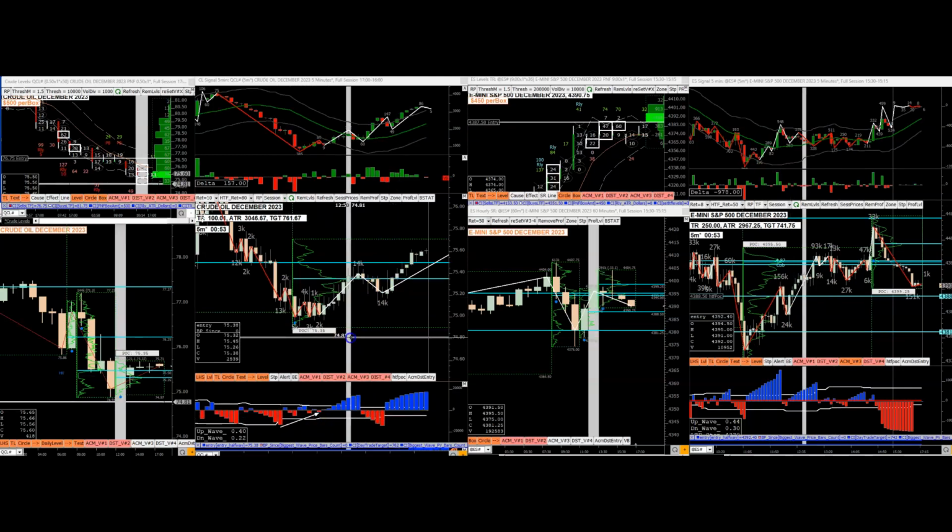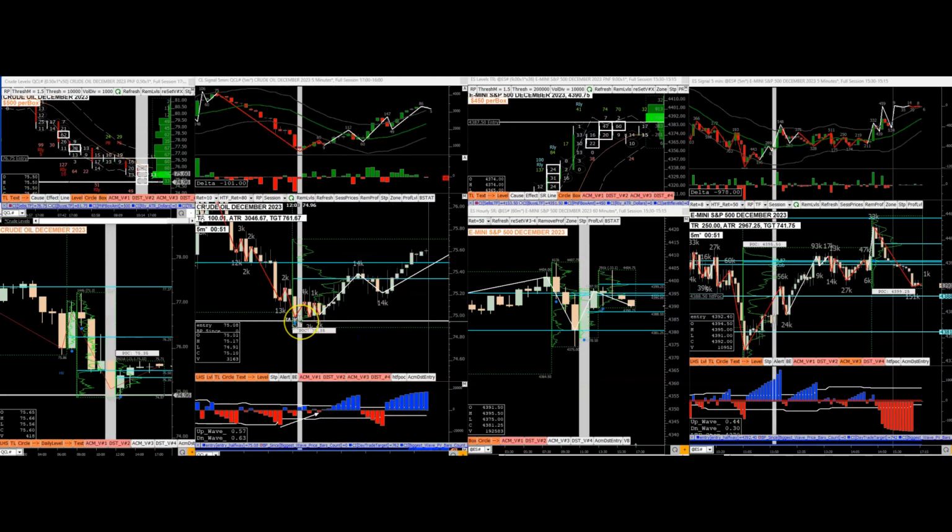Okay, very good. Then you have a base, and remember this: before markup, you have accumulation. Before markdown, you have distribution. It's very, very common sense. Why? Because people make money by accumulating. Large interests accumulate first and then they mark prices up, or they distribute first and then they mark prices down.